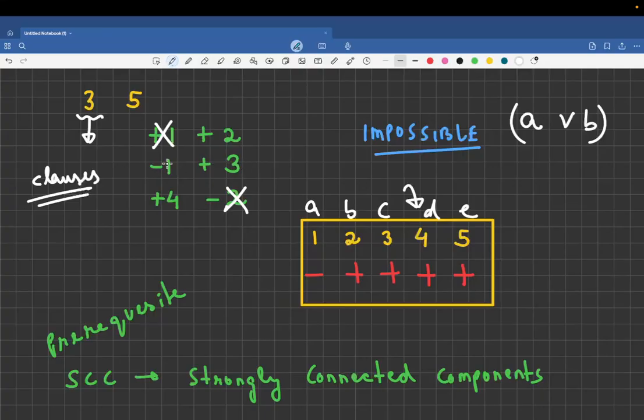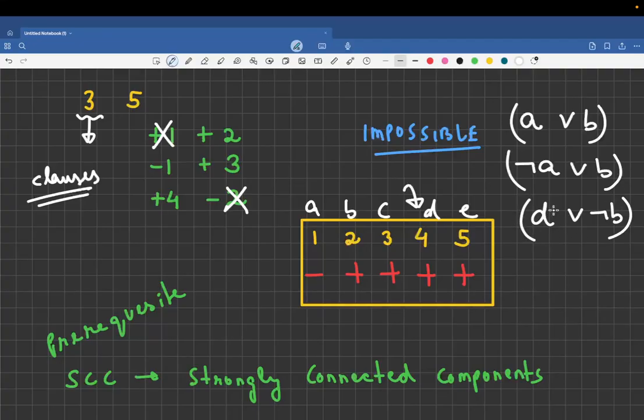The second one says that I don't want a, but I want c. So this should be true. The third family member says I want 4, I don't want 2, that is b. So this is D or not B, because we want at least one choice to be true.